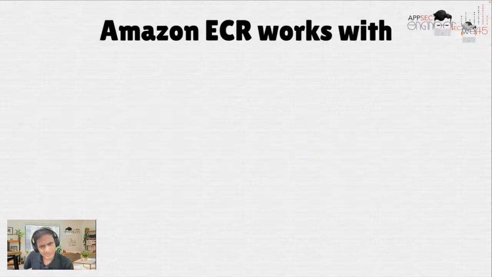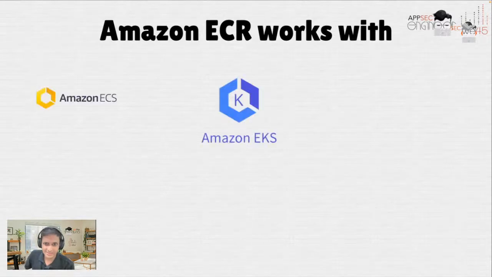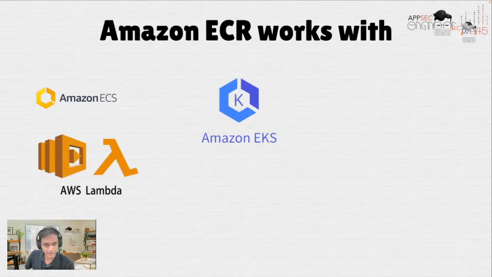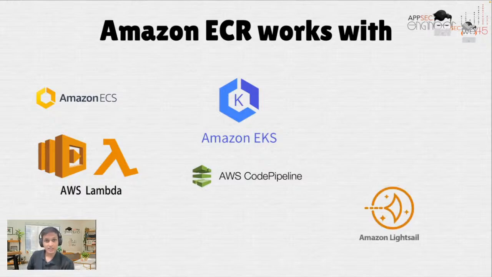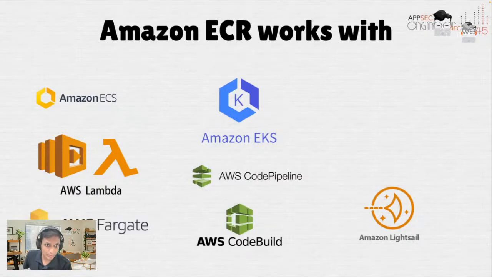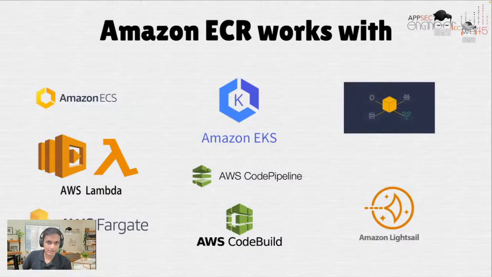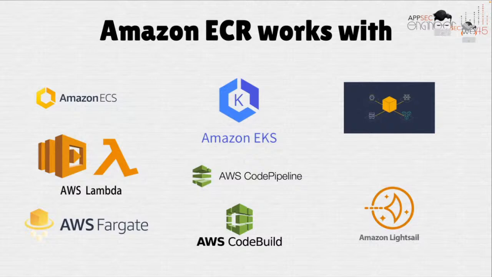Now, Amazon ECR typically works with Elastic Kubernetes Service. It works with ECS. It works with Lambda, CodePipeline, Lightsail. You can spin up your containers using Lightsail, CodeBuild, Fargate, and so on, right? So it integrates with a bunch of services that AWS provides, and it is also extremely easy for you to start integrating across all of these services.